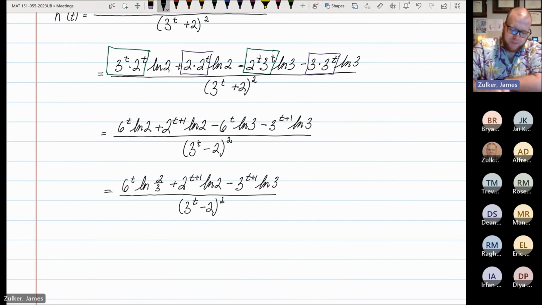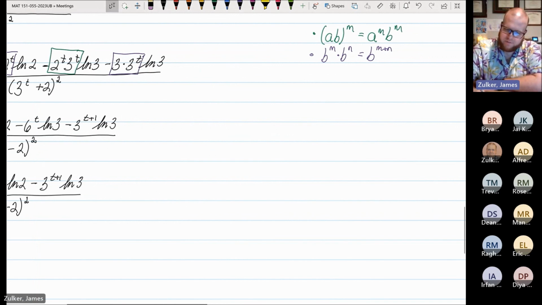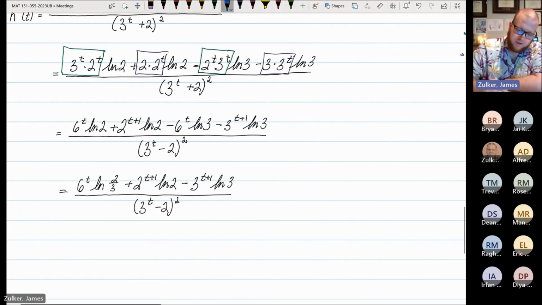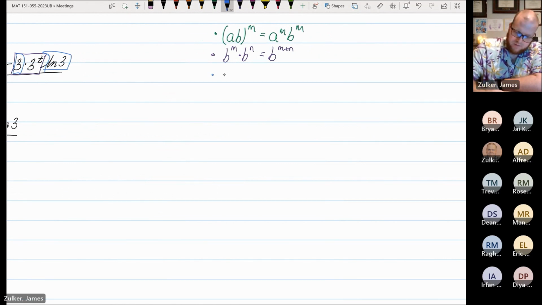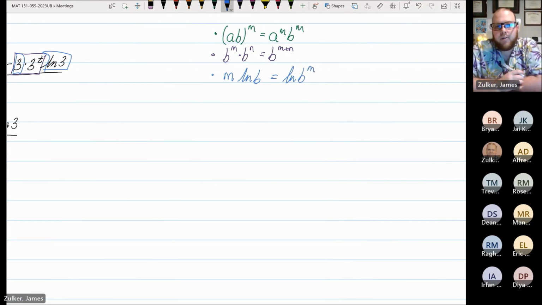Up here, instead of doing the property here, I could also use this law of logarithms.